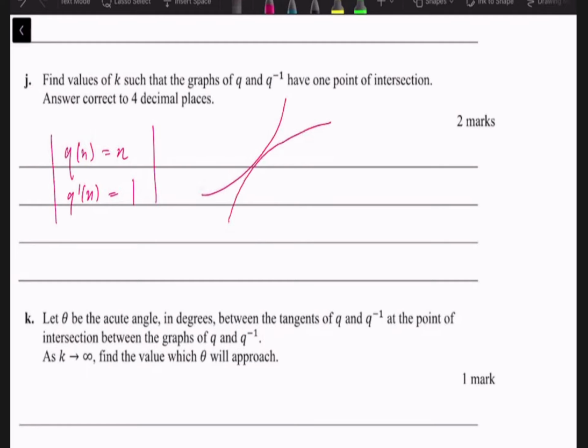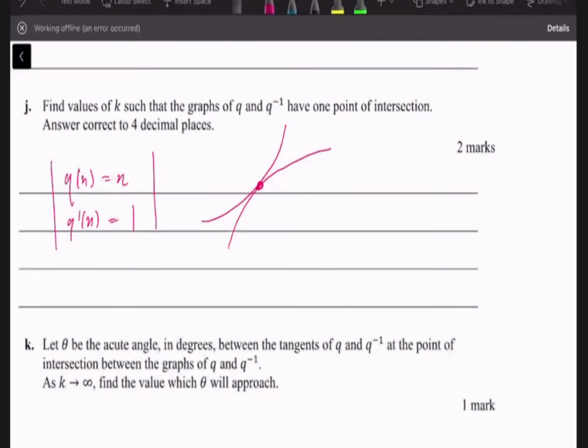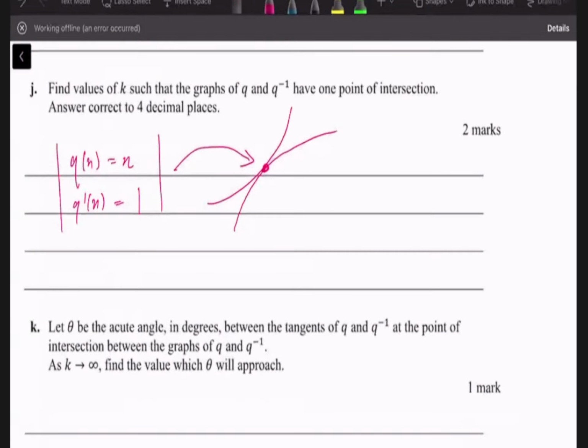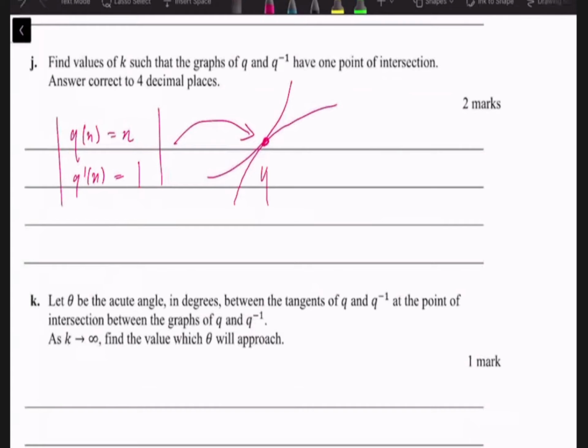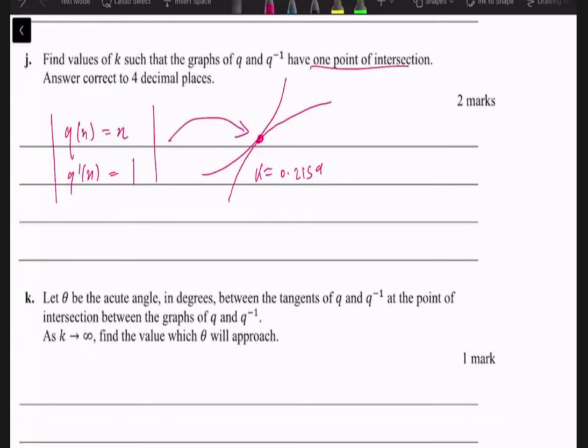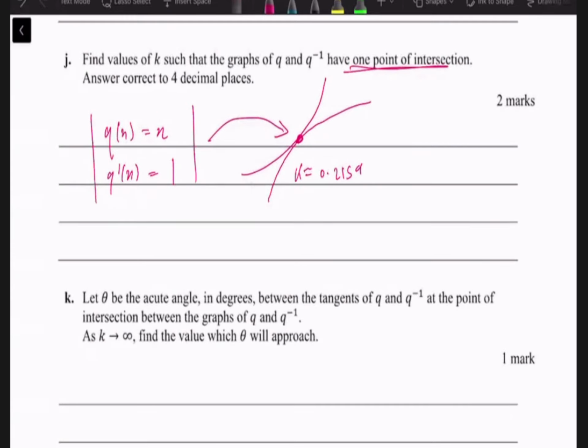If they have one point of intersection, when you solve for this, you get the k value for this situation. So I think he said k is 0.2159.